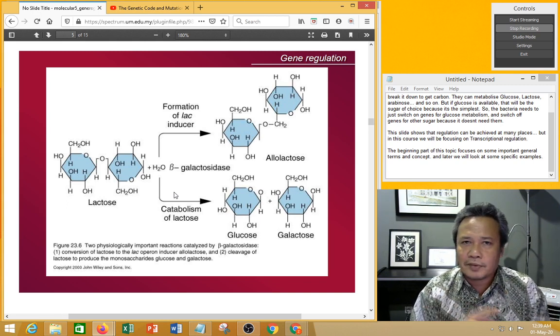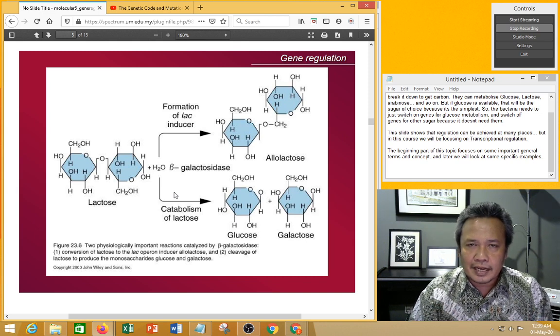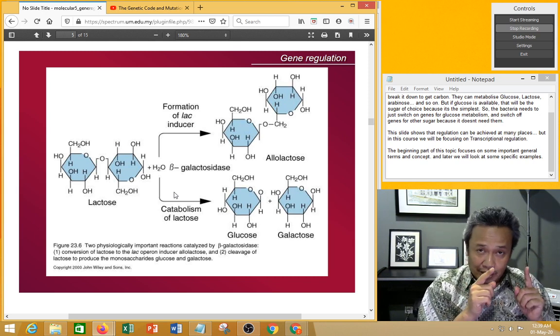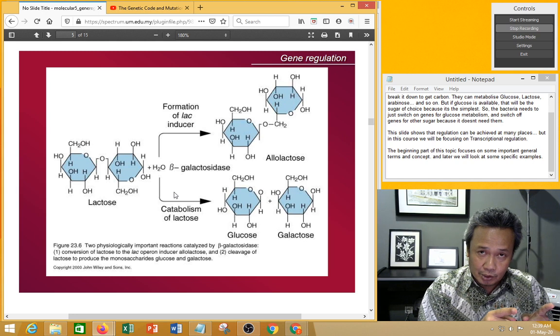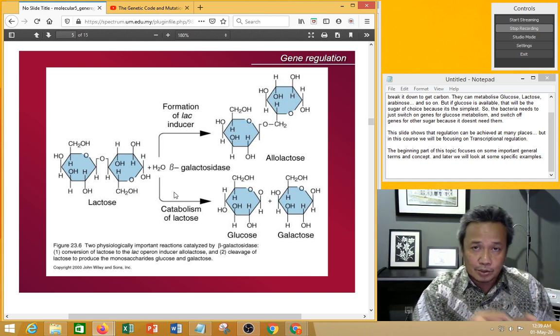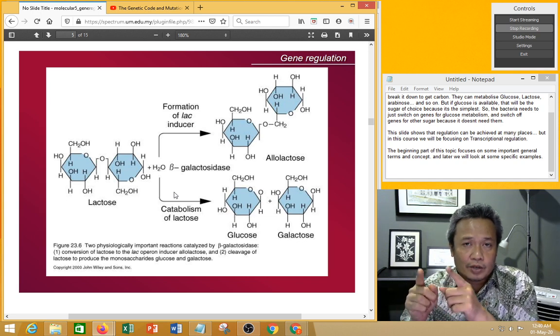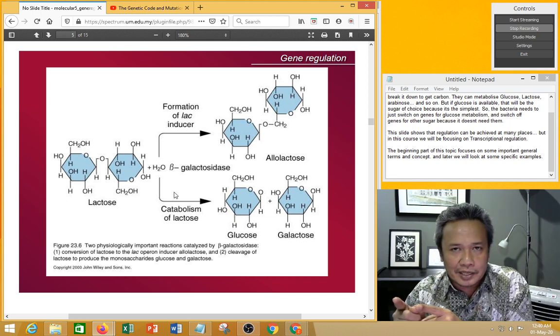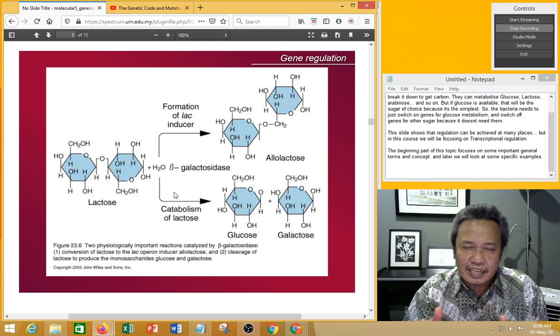So which one comes first? Let me ask you again. You need to switch on the operon to get beta-galactosidase to break down lactose to allolactose. But in order to switch on the operon, you need allolactose. It's a chicken and egg.